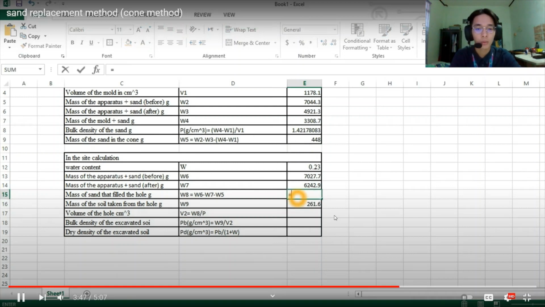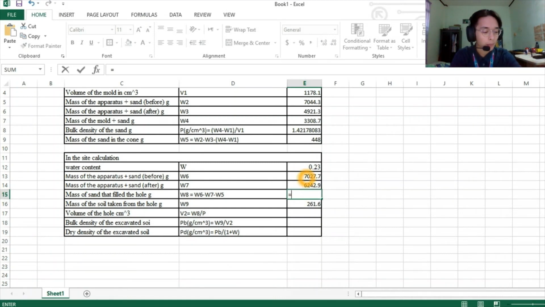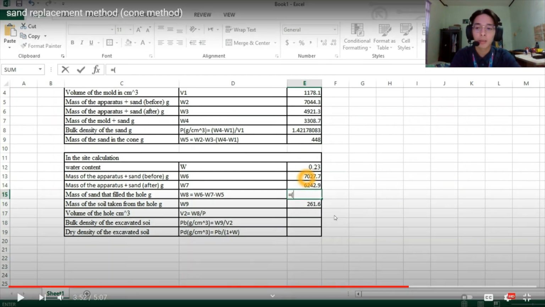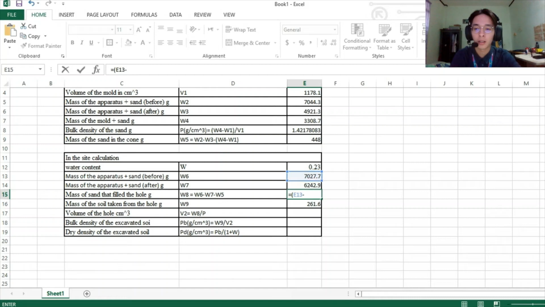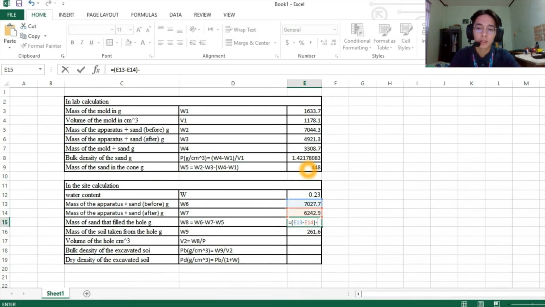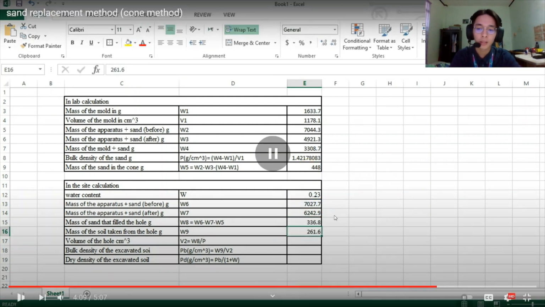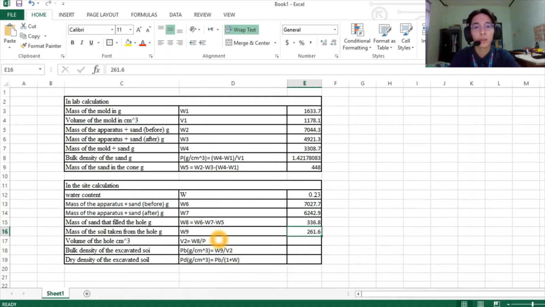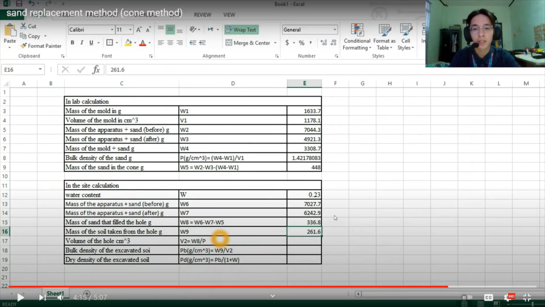To do that, we type equal, open bracket, insert the mass of the apparatus plus sand before, we minus the mass of the apparatus after, and then we close bracket, and lastly we minus it with the mass of the sand within the cone, so we can get 261.6.